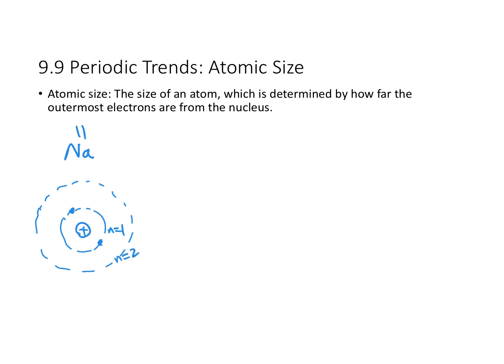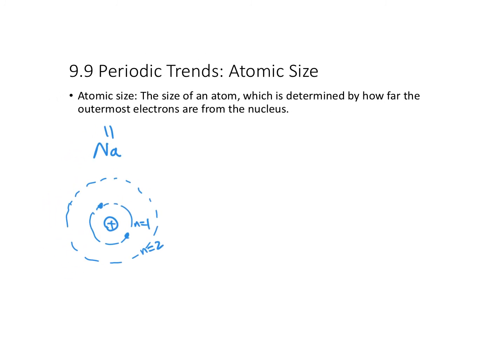What is the maximum number of electrons here? 8, exactly. 1, 2, 3, 4, 5, 6, 7, 8. So here I have a maximum of 2 electrons. Here I have a maximum of 8 electrons. And then in the next shell, I have only 1, right? Because 2 plus 8 is 10, so I have only 1. N equals 3. Okay. Any question about that?